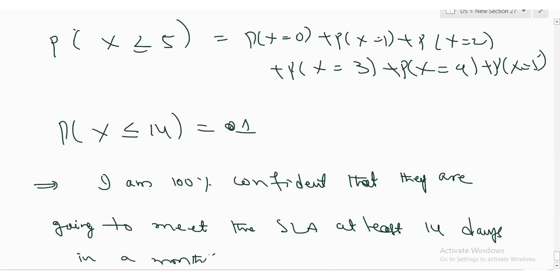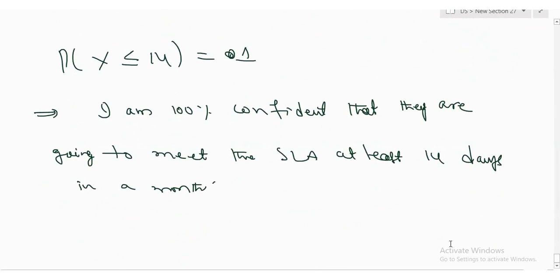Make sense? I am 100% confident that they are going to meet SLA at least 14 days.